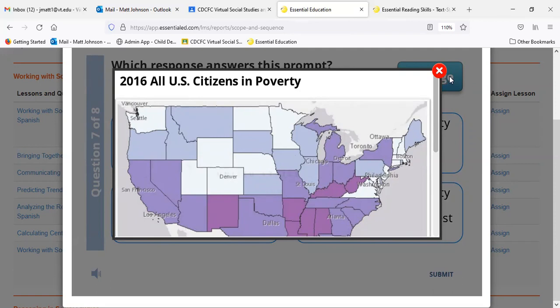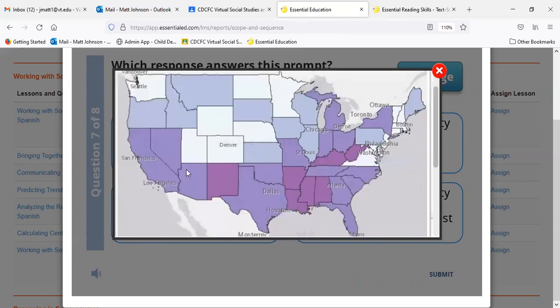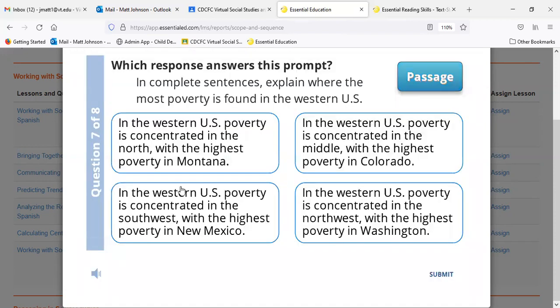But over here, that is the West. So it appears to be in the South, right? New Mexico, Arizona, some Nevada, and California, and Texas, which is generally considered the Southwest United States. So highest in Southwest, and with the highest poverty in New Mexico, right?